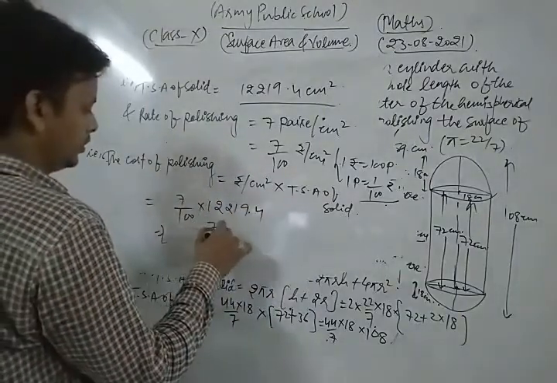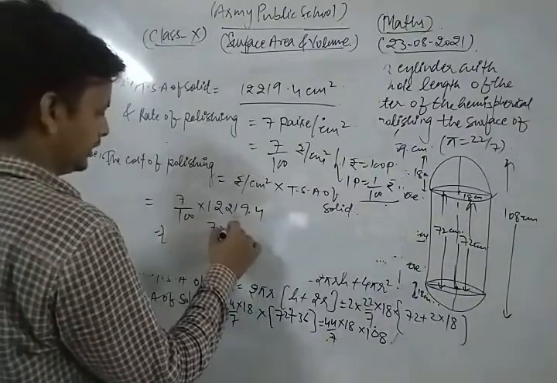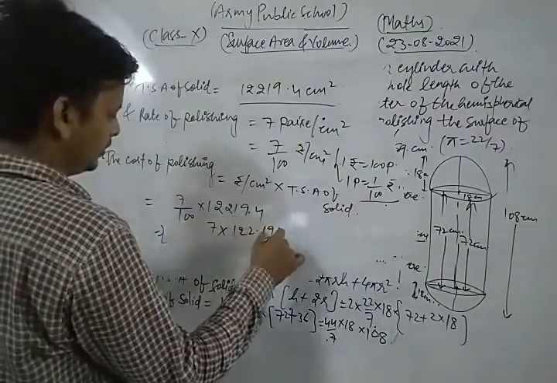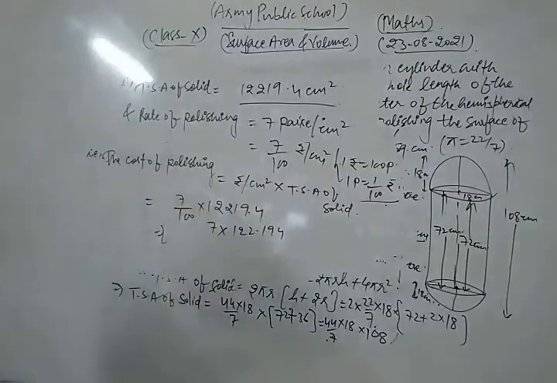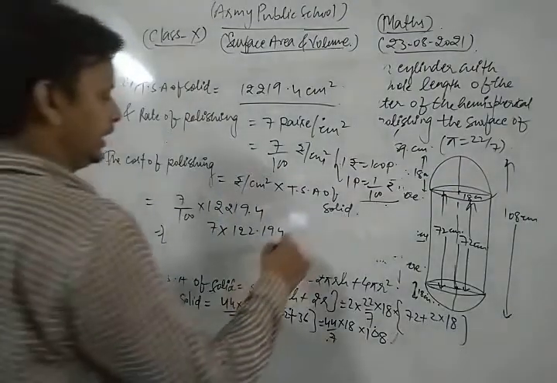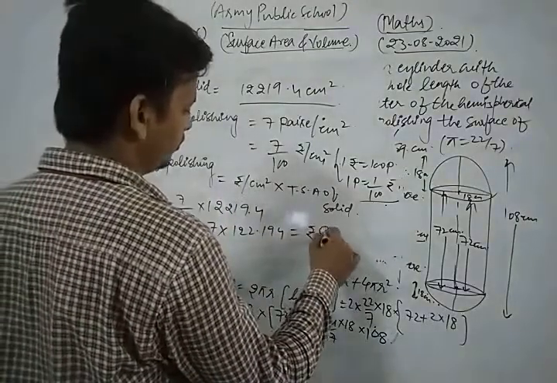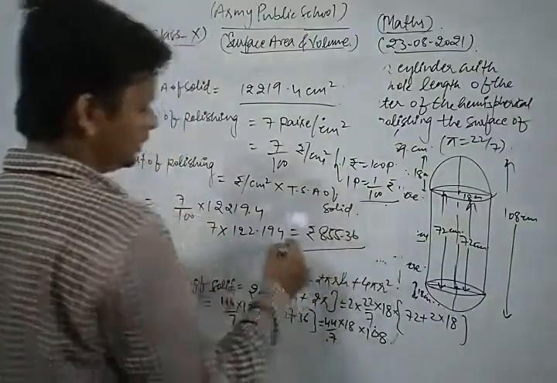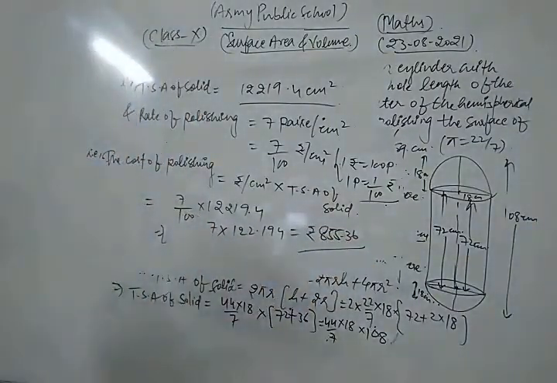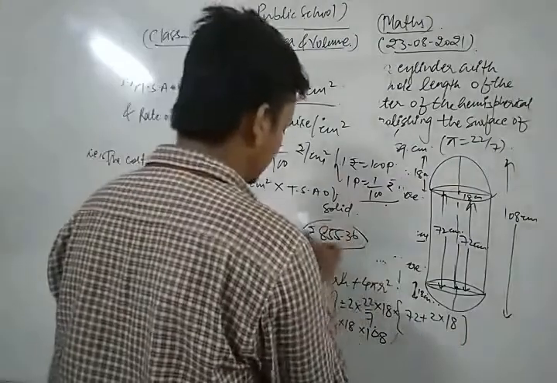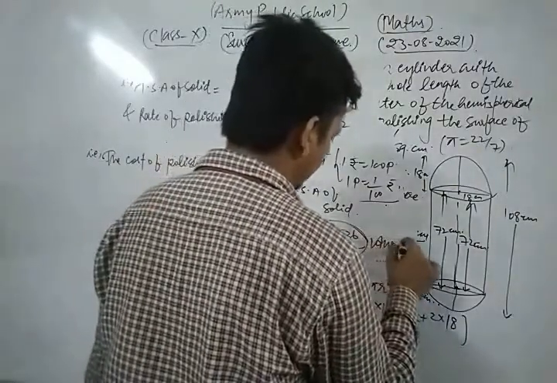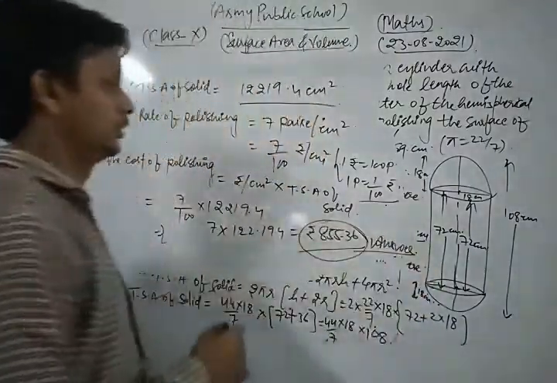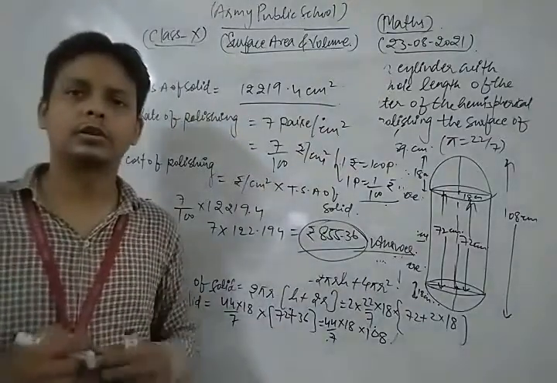Now simplify them: 7 into 1 decimal x gives 122.194. After we multiply them, we get 855.36 rupees. This is the required solution of the given question.